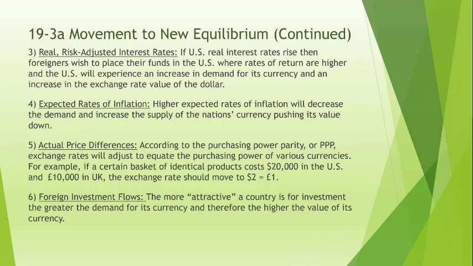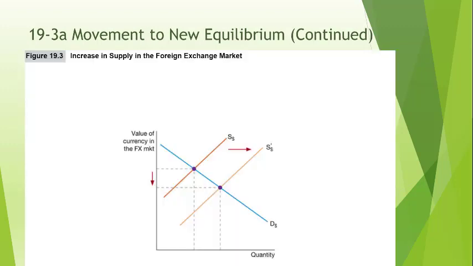Sixth, foreign exchange flows. The more attractive a country is for investment, the greater the demand for its currency, and therefore the higher the value of its currency. So here we have an example of an increase in supply of foreign currency.